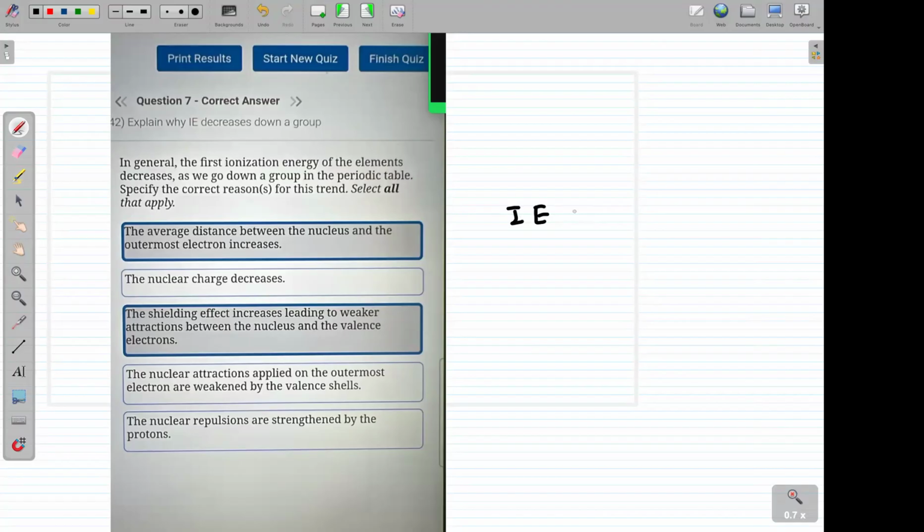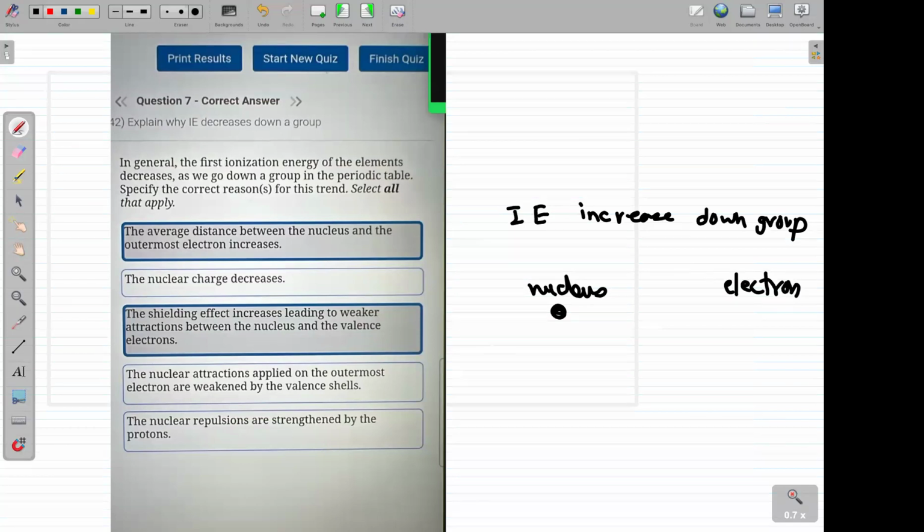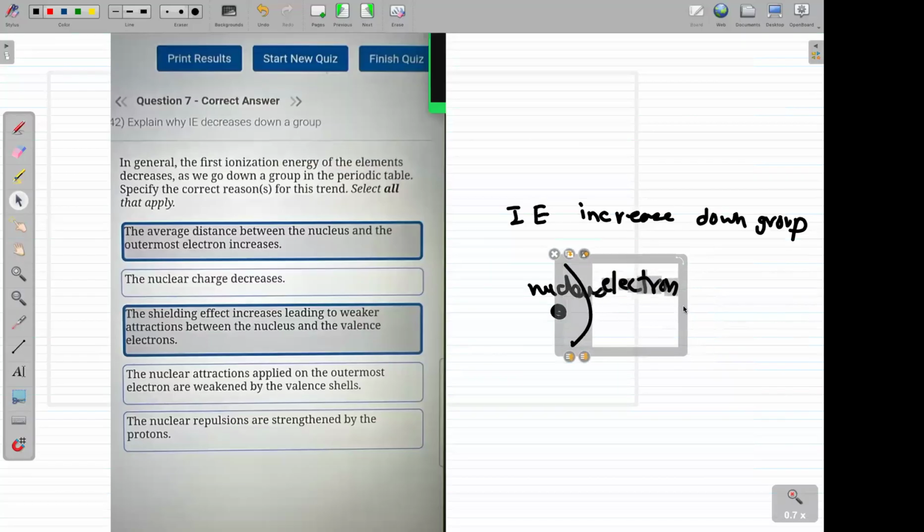So ionization energy decreases down the group. Why? Because the distance between the nucleus and the electron becomes far. The more the electron is far from the nucleus, the easier it is to remove. If the electron is here, it's very difficult to remove it because it's very close to the nucleus.